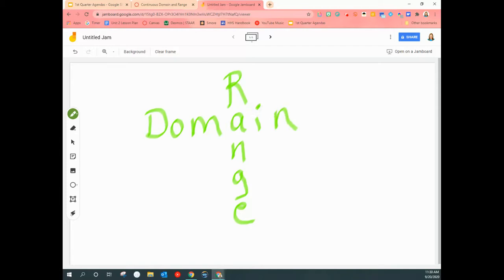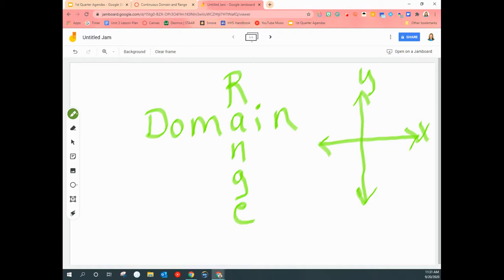Range goes up and down, and domain goes side to side. Because what this reminds me of is our X and Y axis. Y is up here. X is always on this side, going side to side. So that helps me remember domain and range.